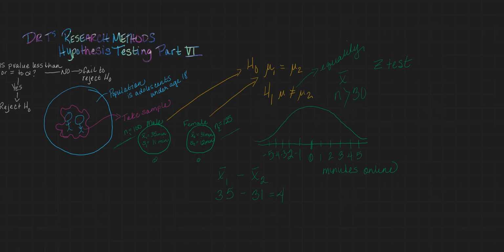If I put that on my graph, it's right there, and it looks like it's going to be pretty unlikely, pretty rare, that I'm going to find any other samples that I randomly pull where the difference is going to be 4 minutes.